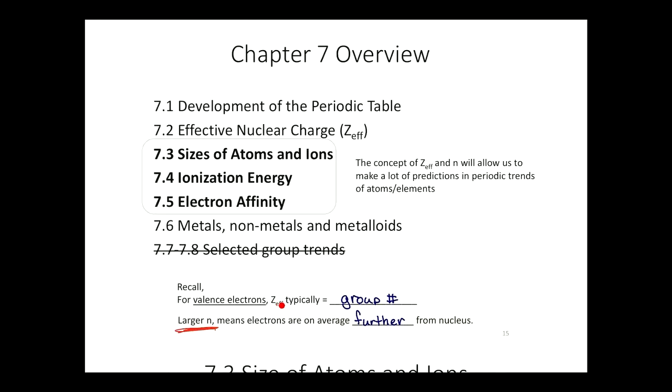Remember that our quick and dirty way to determine the Z effective of a valence electron is simply the group number if it's a main group element. That is the positive charge that the electron feels in terms of its attraction towards the nucleus.